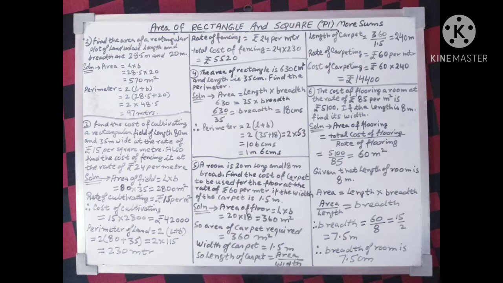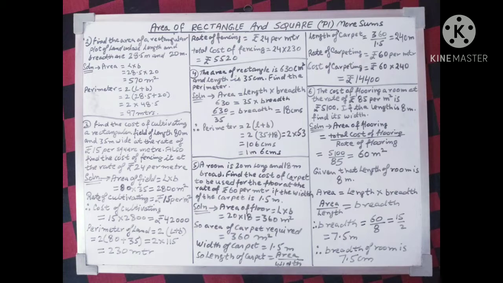So we have to find the carpet area here, and we are also given a carpet whose width is given. So if we get the length of this carpet, we will get the area of the carpet required also, right? So how do we proceed in such questions? Just pay attention. We will do it like this.